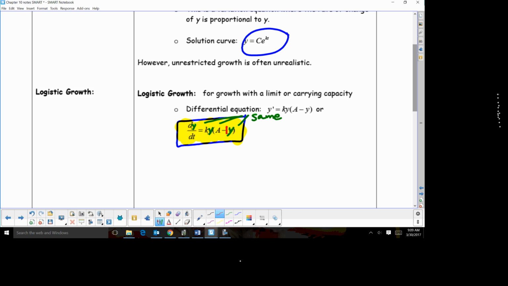When you have this set up, A is my carrying capacity. And K is my, any idea? It is a coefficient, but it's the growth rate.